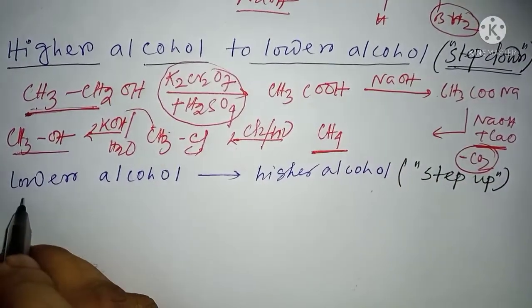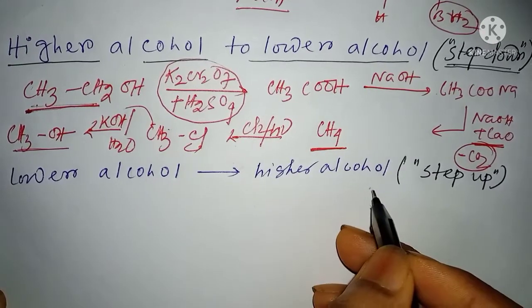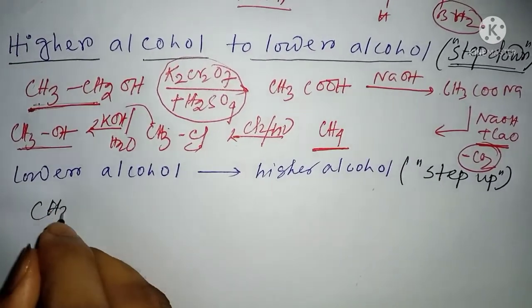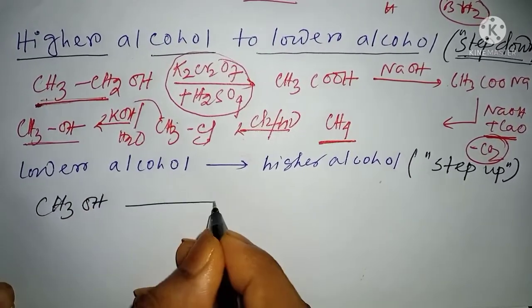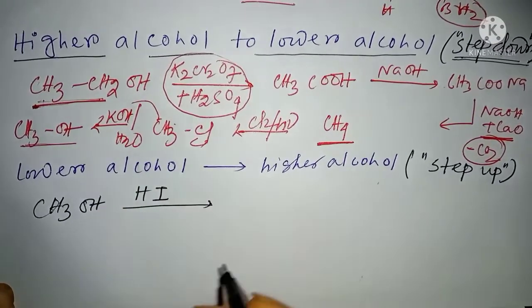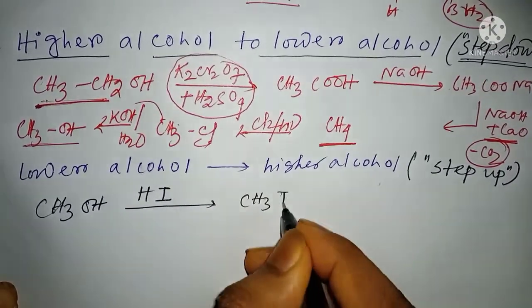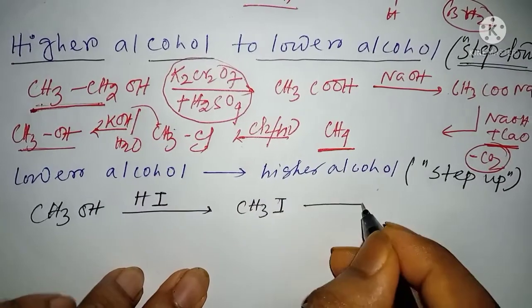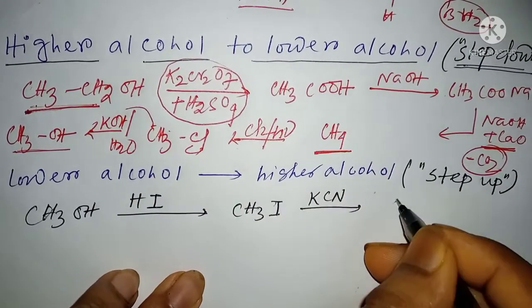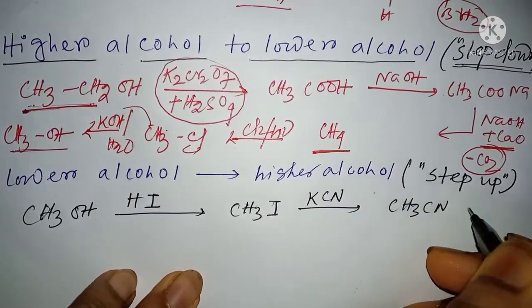Now another interconversion: lower alcohol to higher alcohol. Example: CH3OH in the presence of HI forms CH3I. Now in the presence of KCN it forms CH3CN.